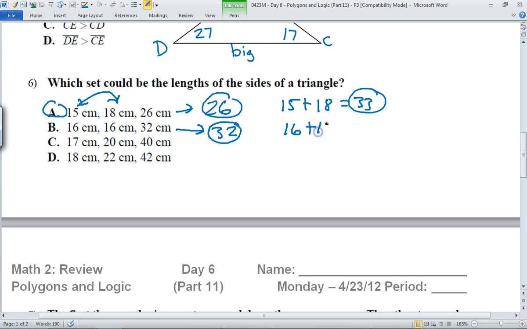Then if I look at the other sides, 16 plus 16, that's only 32. Those are equal. They're not allowed to be equal. The pair has to be bigger than the one. So that would be a no for that reason. And if we check the rest, we'd find out that the pair is not bigger than the biggest. So A is the right answer. Any questions on that? Did you follow that?